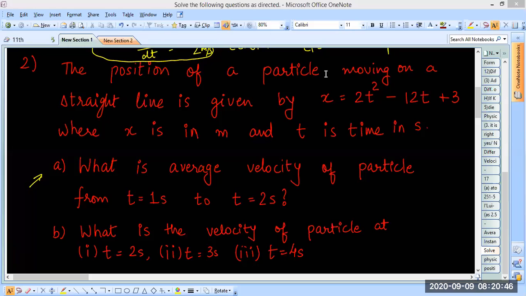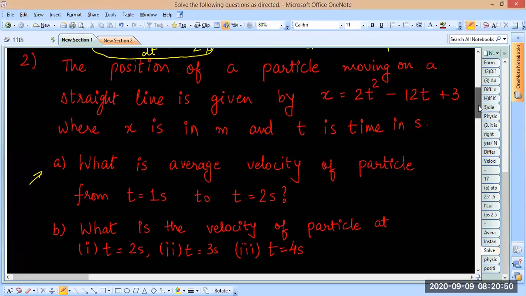Okay, so let's see what's the answer of this one. I don't know, right? I'll have to find it, so give me some time. Okay, we are going to take this to the next page, so I'll get some space here. x equal to 2t square minus 12t plus 3.